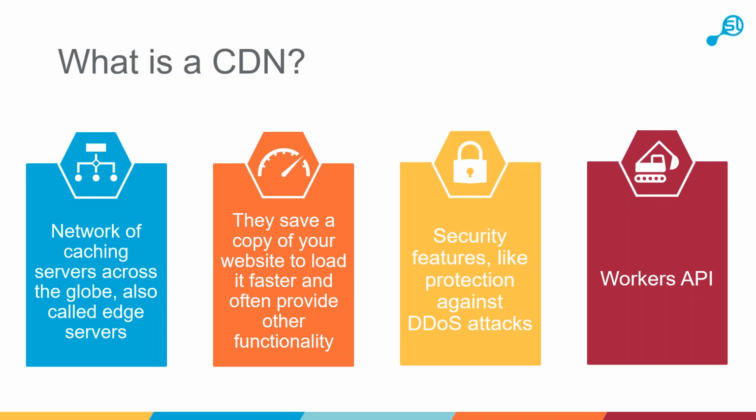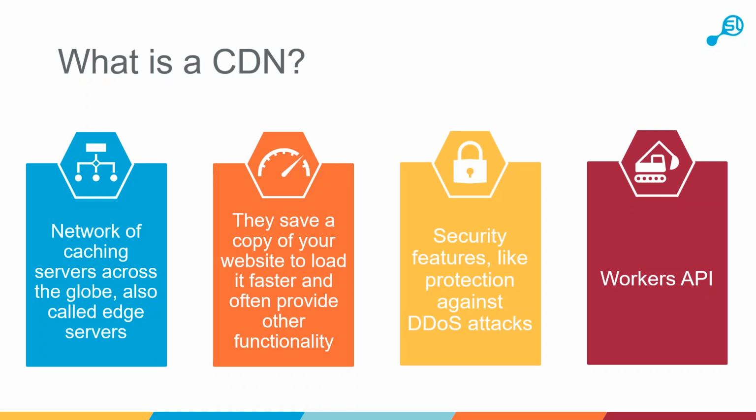So what that means really is that CDNs will have a network of caching servers across the globe. They are also sometimes called edge servers, from which you can derive names like edge computing and serverless computing that are associated with that technology. The main reason for them is that they make the website faster, because users get the website served closest to their location.